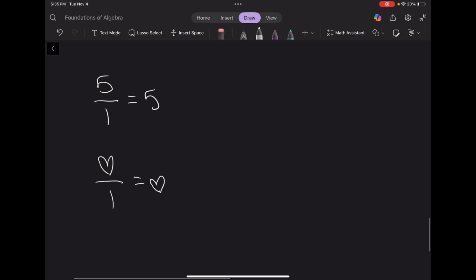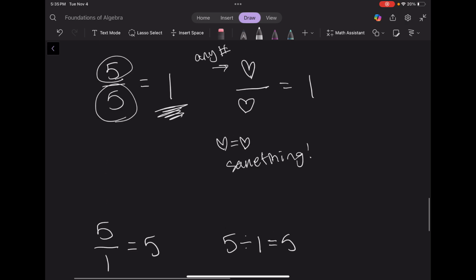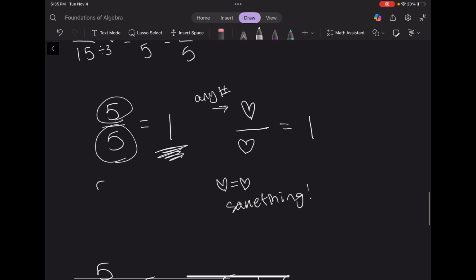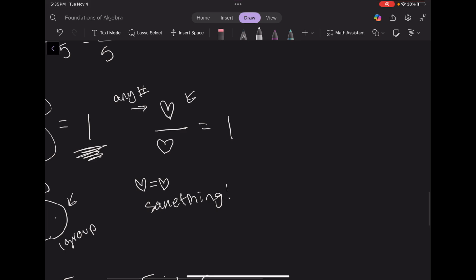So the reason for this is, well, if we do the division way of fractions, 5 divided by 1 is 5, and heart divided by 1 is heart. And if we look up here, 5 divided by 5, if we have 5 dots, 1, 2, 3, 4, 5, and we're making a group of 5, we only have one group. This looks just like a cookie. Same thing here.